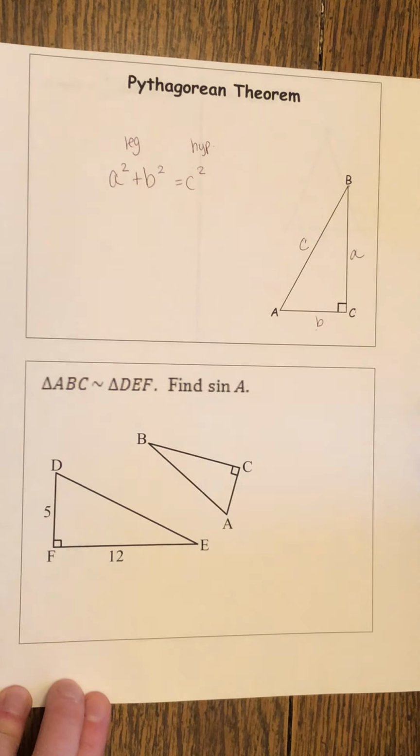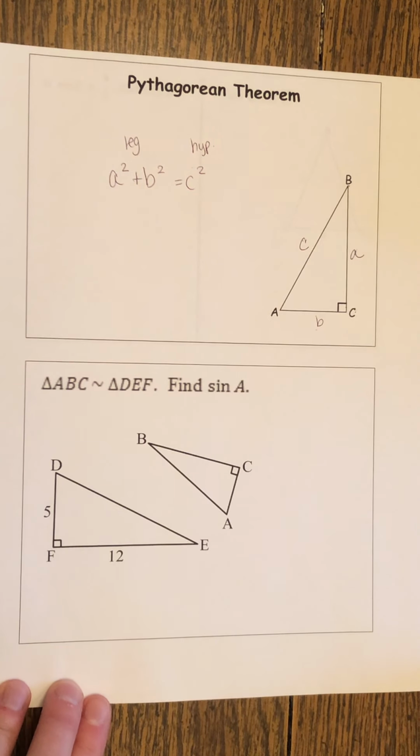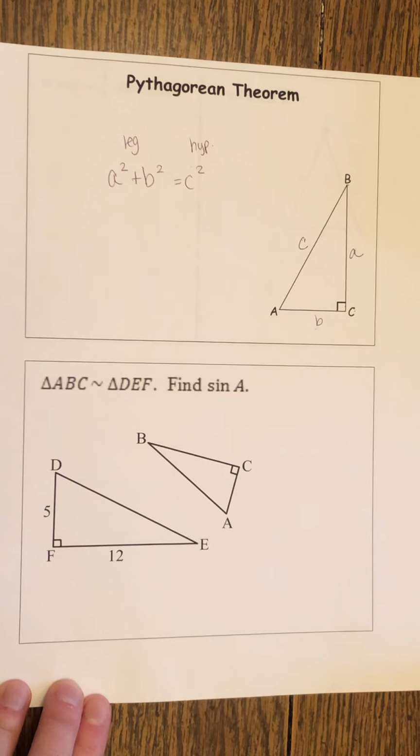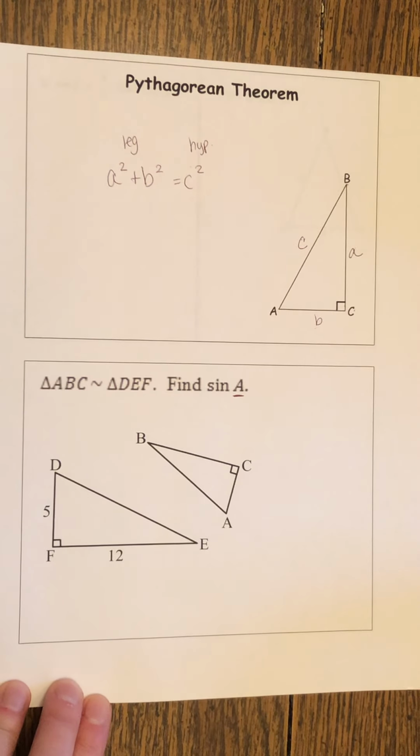All right, so we already talked about the Pythagorean theorem, out of order just a little bit. The next example says triangle ABC and triangle DEF are similar. Find the sine of angle A. We just finished up our similarity unit.